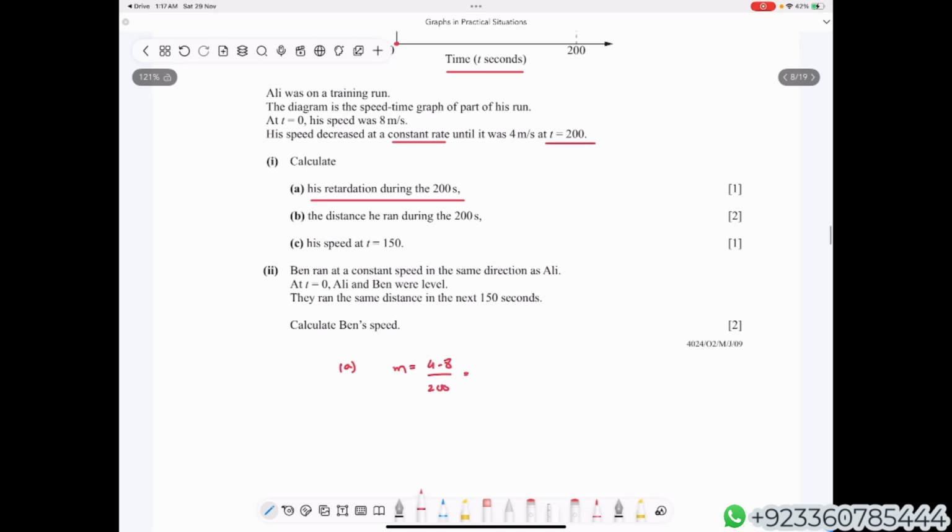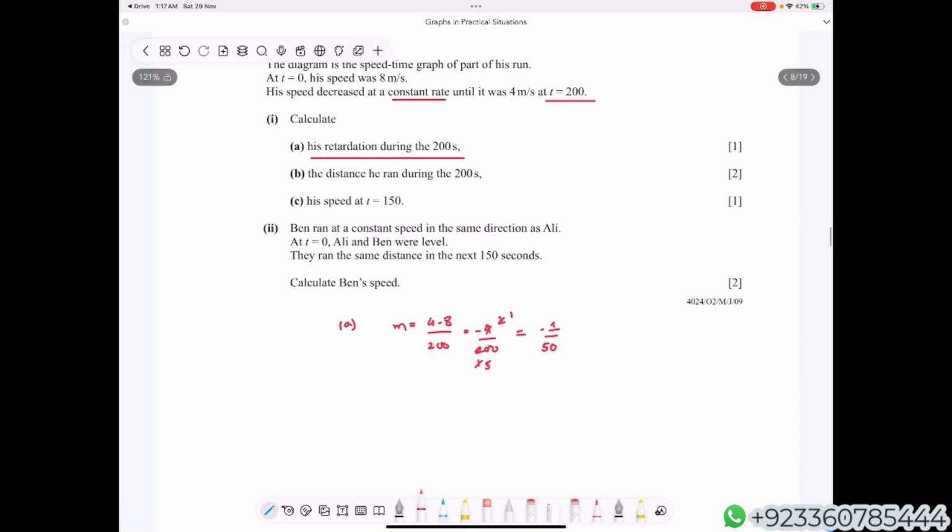So this is going to be minus 4 divided by 200. 2 2s are 4, 2 1s are 100, 2 1s are 2, 2 50s are 100. So this is going to be negative 1 over 50. Now because they have used the word retardation, you're going to give your answer in the positive form.